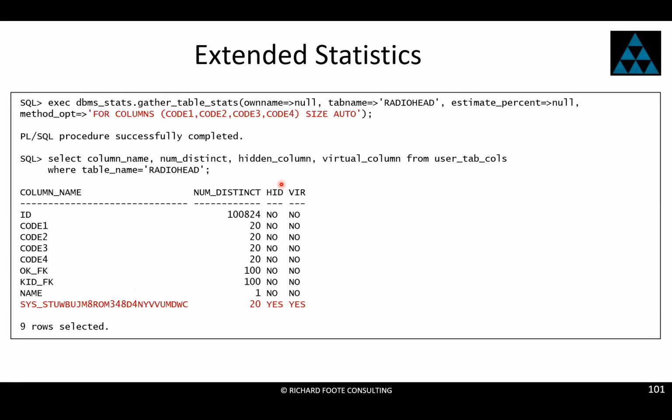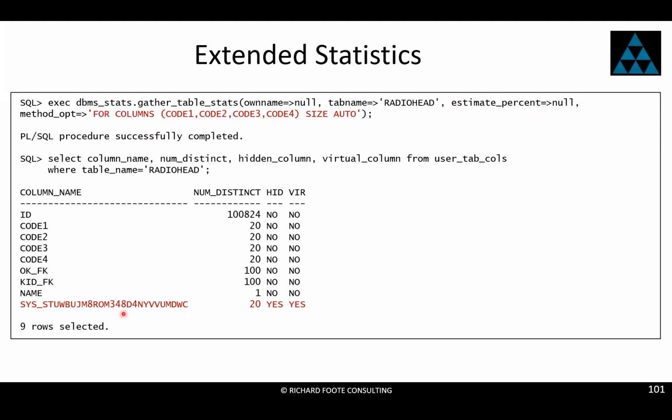So a couple of key things here. One, if you've got data where there is a relationship between the data, then maybe what you need is extended statistics, where instead of collecting stats individually on each column, I can create a collective. I want stats on column 1 and 2 and 3 and 4, please.